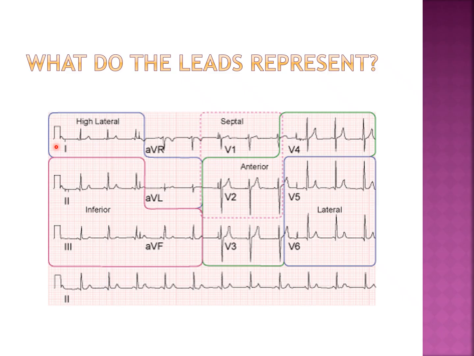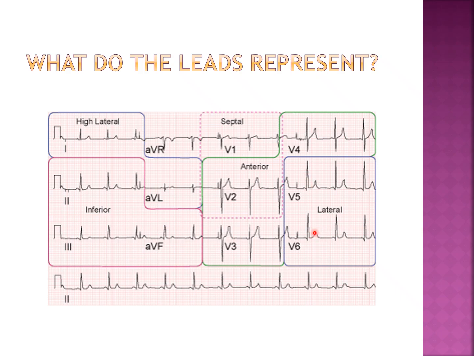Left arm being the camera because that's the positive side, so we're going to have a positive deflection. The other one that uses the left arm as a positive deflection is AVL. So those are your lateral leads. Some people call them the high lateral leads. The other lateral leads, if we remember, are V5 and V6.